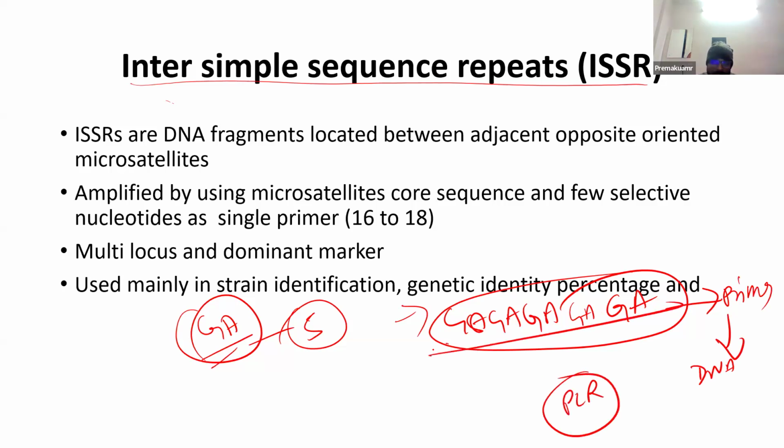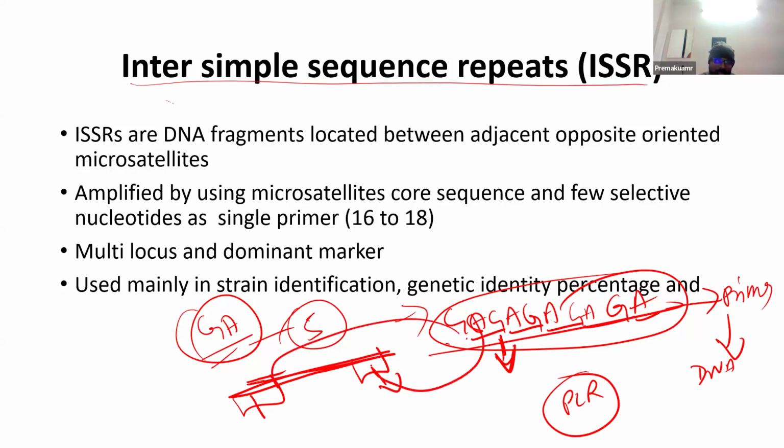Somewhere it will bind in such a way that, if you are lucky, this DNA fragment has the same sequence GA, GA, GA, GA, GA at this end and at this end. The primer will bind here and here, and the region in between is amplified.